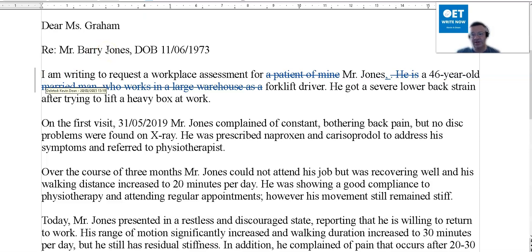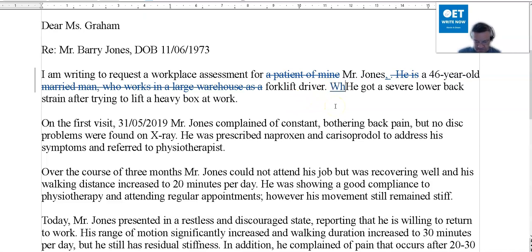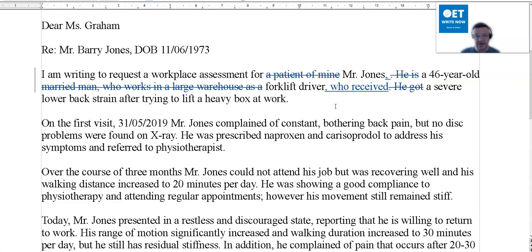So, Mr. Jones, 46-year-old forklift driver, who, we could make it, who received severe lower back strain after heavy lifting at work.